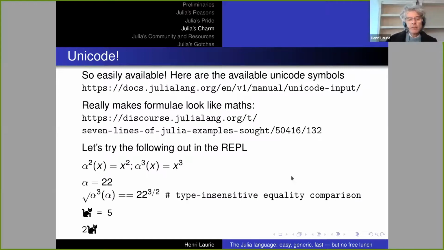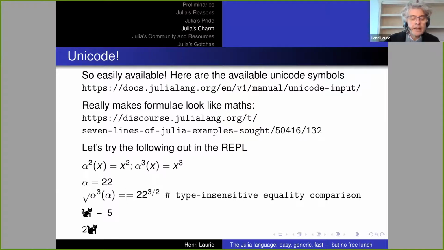Okay, I want to go back to the REPL, and I want to create this. It's not a single symbol, but a function with a name alpha squared, and here's a function with a name alpha cubed. Alpha squared of x is x squared, alpha cubed of x is x cubed, and then I can test whether, when I combine this with the square root, it comes out true.